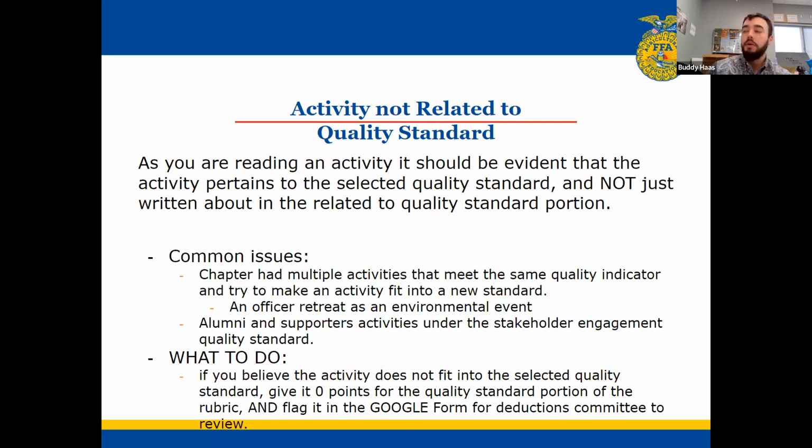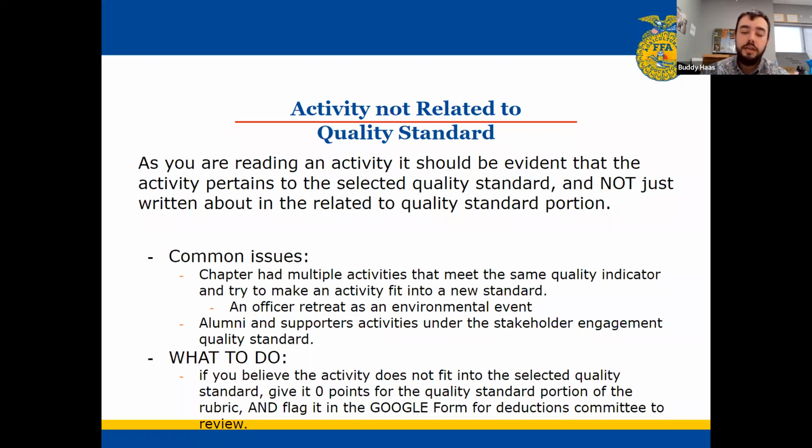Probably one of the more common ones that you might see is when chapters try to write about doing an activity or an event with your alumni and supporters chapter under the stakeholder engagement quality standard. Specifically in the quality indicators on the program of activities, it does specifically state that the alumni and supporters chapter cannot be considered as a stakeholder for your stakeholder engagement there.